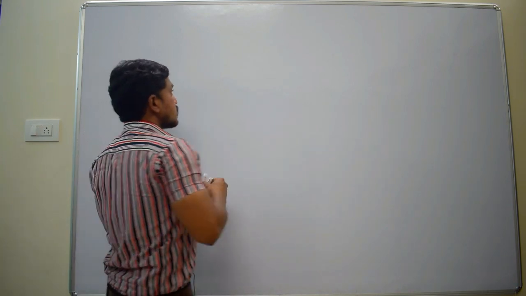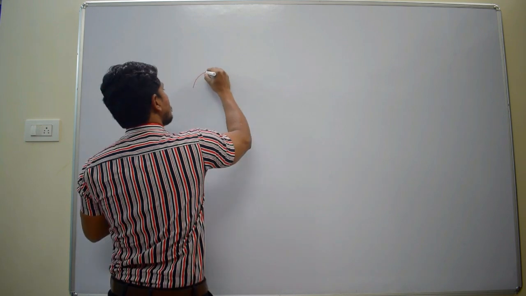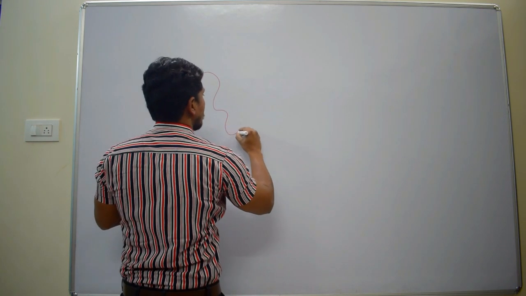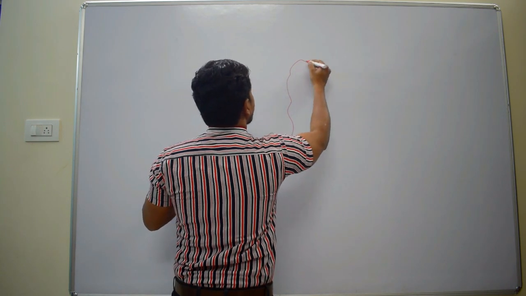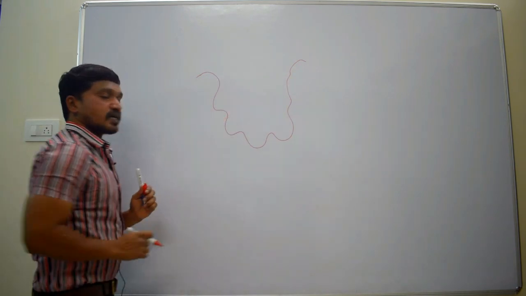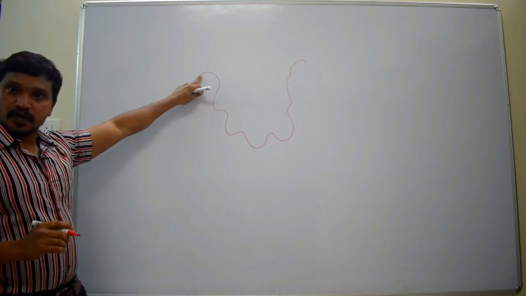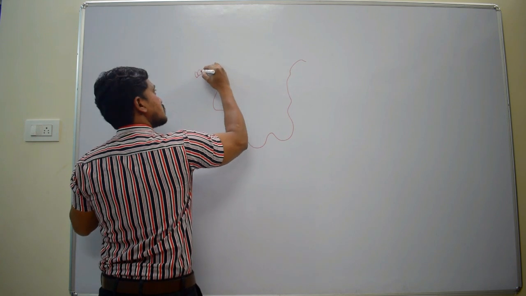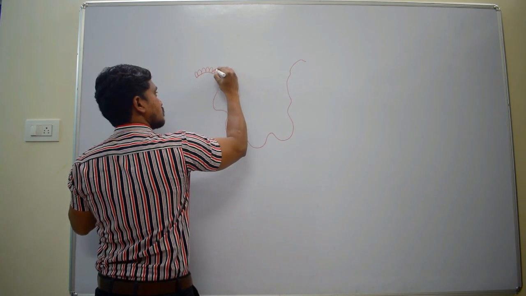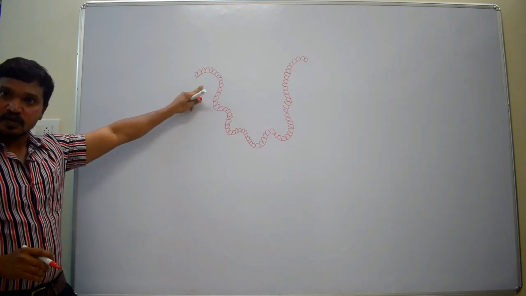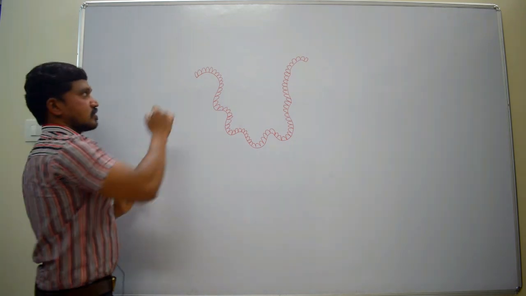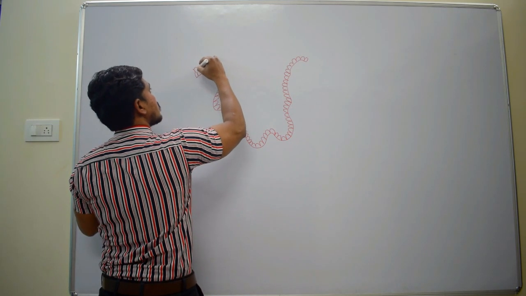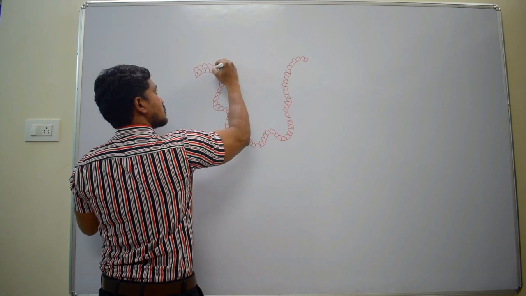See, this is the basement membrane of the lining epithelium of the esophagus. What is the epithelium here? Over the basement membrane, there will be columnar epithelium. Over the columnar cells, we can find polyhedral cells.